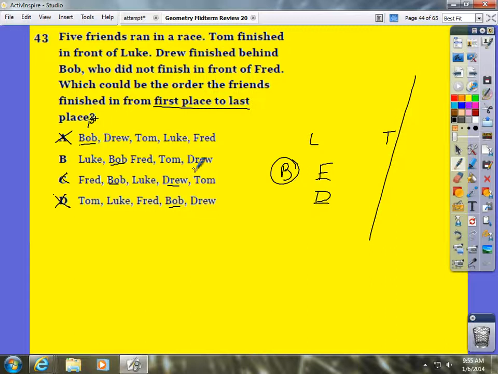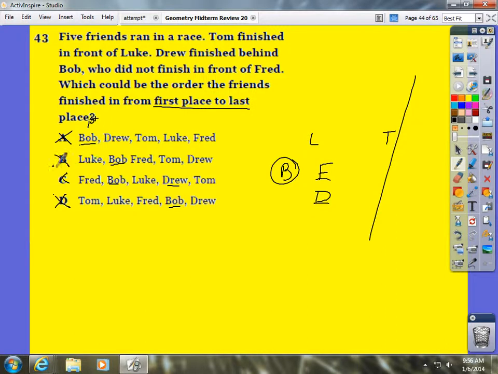Bob, who did not finish in front of Fred. Let's see. Bob, who did not finish in front of Fred. Okay, maybe that just means that Fred is in front of Bob. Okay. So that means it could be C or D because Fred is behind Bob in this one. So it's got to be one of these two. Sorry, I read that one wrong.